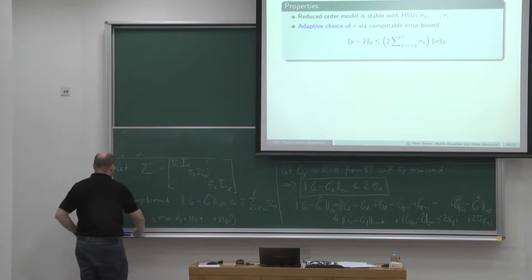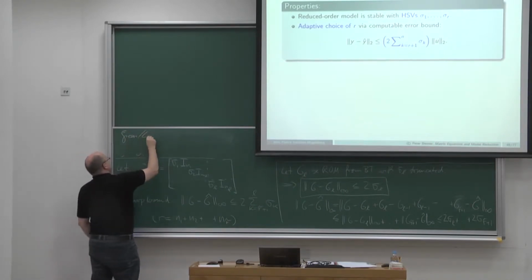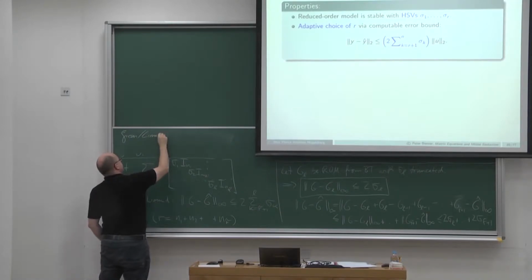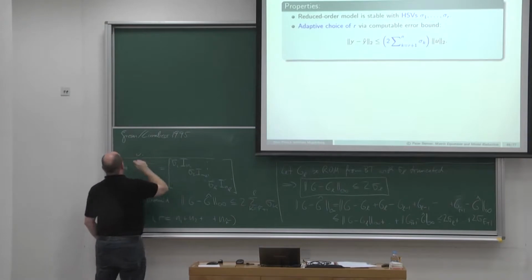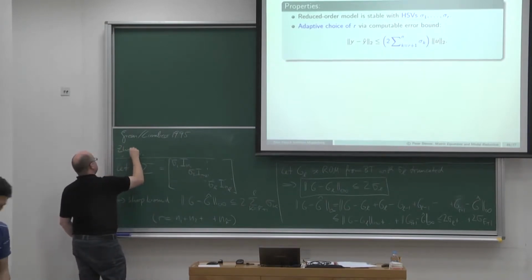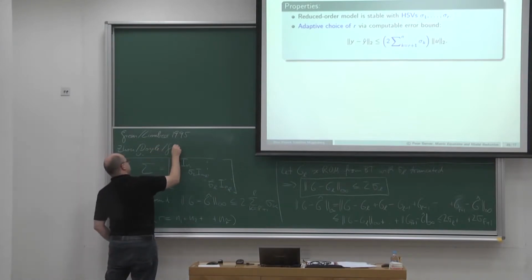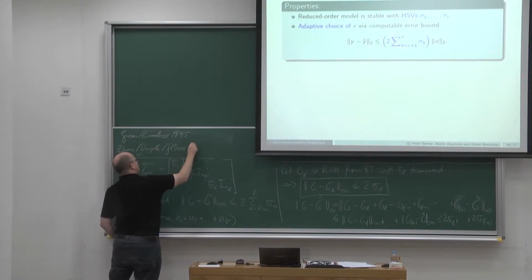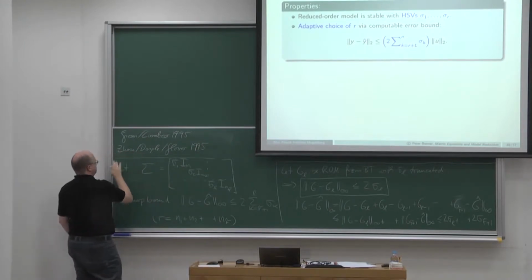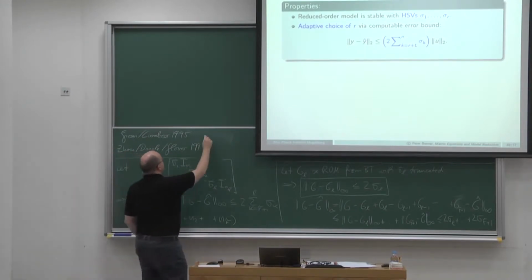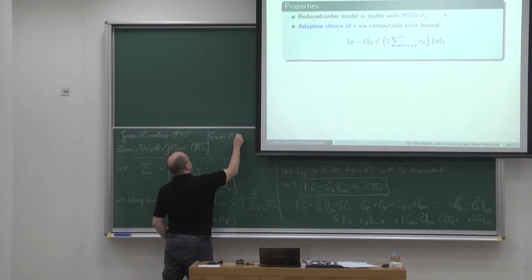There are also control theory books where you can find it in a more direct way. There's a book of Green and Limebeer in 1995 and Zhou, Doyle, Glover. It's technical, but it doesn't lead you through all of system theory just to prove this result. And the original bound is due to Enns in 1984.